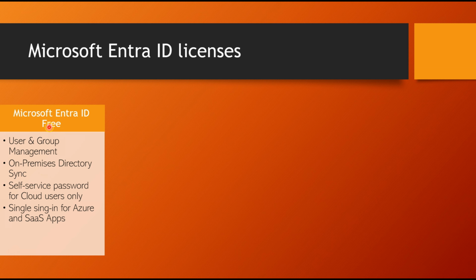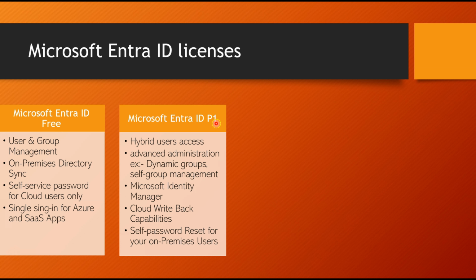So let's have a look at what other options you could have, like self-service password reset for cloud users only, not for the on-premises users. And I'm talking about single sign-on for only cloud-based applications or SaaS-based applications which are on Azure. Whereas if you purchase the additional license called Microsoft Entra ID P1, Premium 1, it consists of hybrid user access management. So you could sync your on-premises user accounts to the cloud, and also manage their identities with password writeback capabilities.